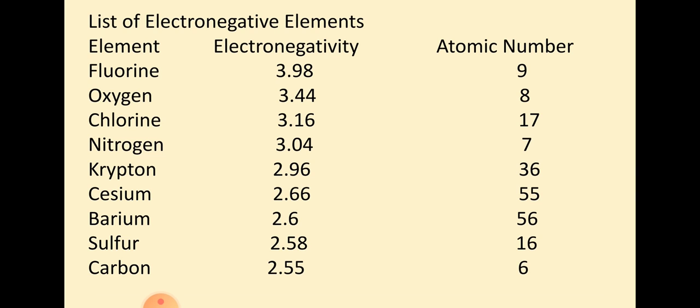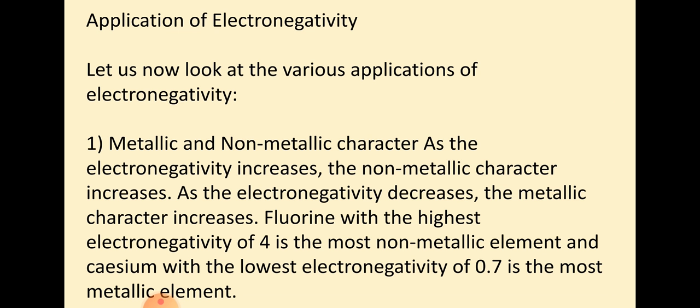After experiment, we get a little bit of difference in the values. Oxygen 3.44, chlorine 3.16, and so on.